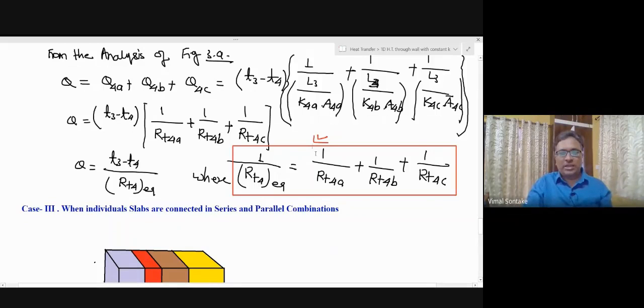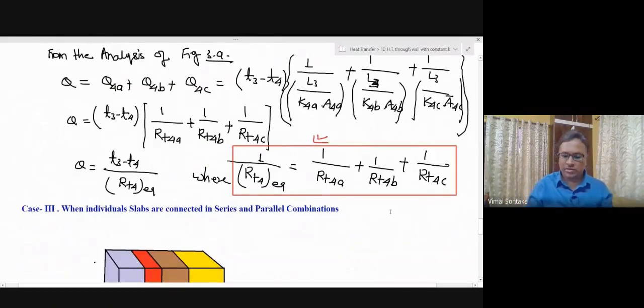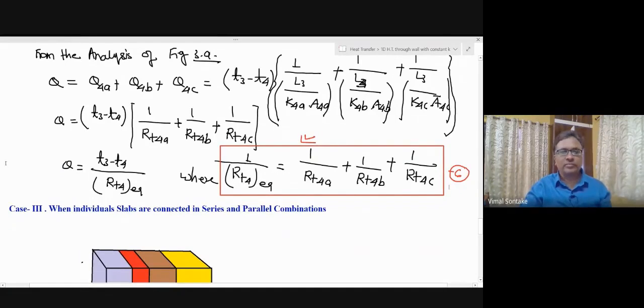So either expression 5 and 6 we have got from the electrical analogy of heat transfer, and the effect of electrical resistances connected in series or in parallel. So this way you can find out equivalent thermal resistances when slab materials are connected in series and parallel.